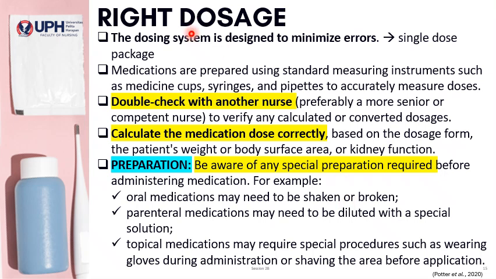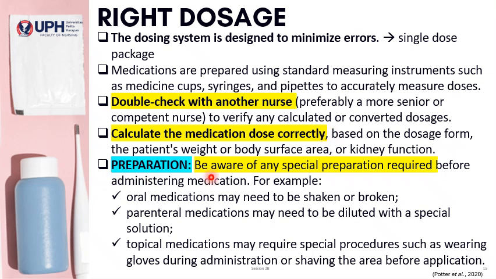Now with the dose, there are systems already in place because there are so many errors. For example, a single dose package is one package of the drug already put together for one go. Then you have standard measurements such as cup, syringe, and pipette to make sure you have the accurate dose, and you double check with another nurse and calculate the dose correctly.